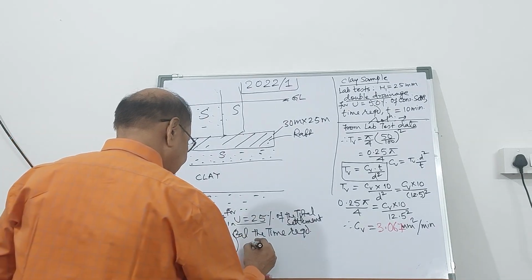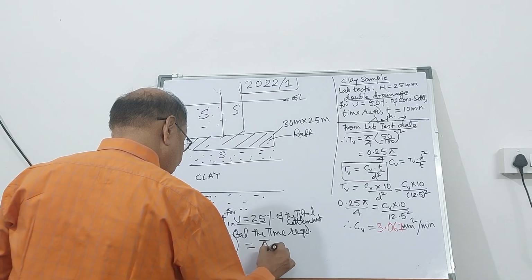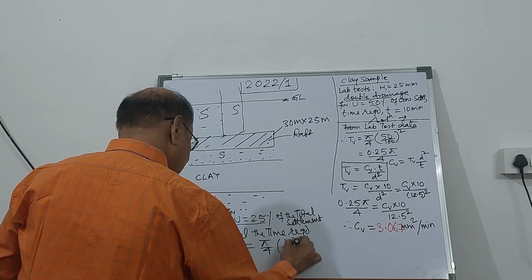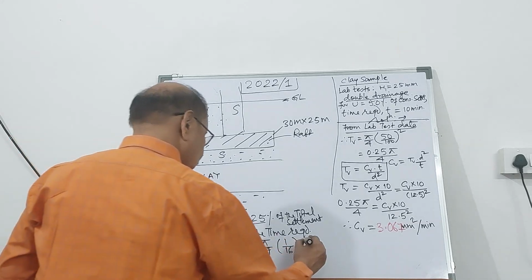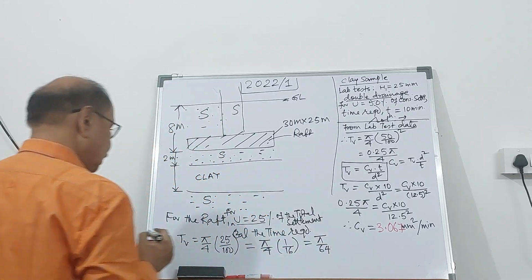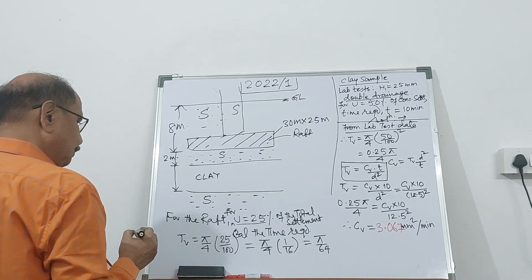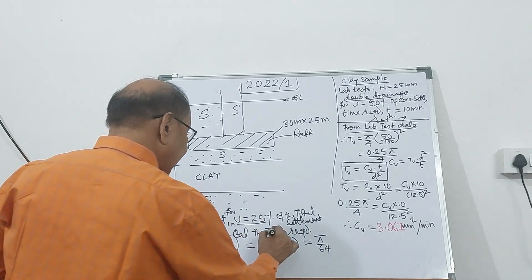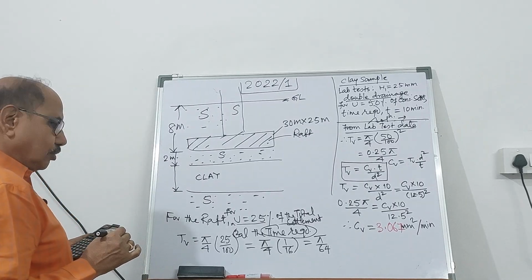If you simplify it, this is going to be pi by 4 into 1 divided by 16. So it is pi by 64. So what you will have to find out is time. Calculate the time required.